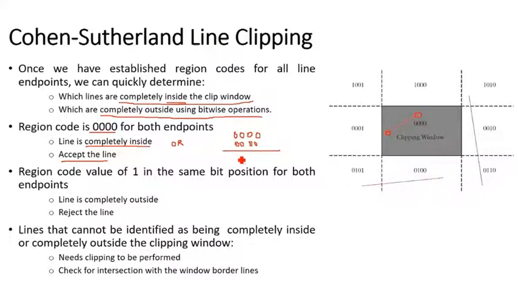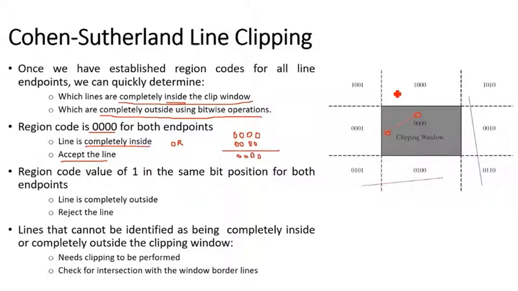If my line is something like this, or this line, or this line, the OR operation will never give me false, it will always give me true, because if you see, all the other 8 regions have one bit or the other set.